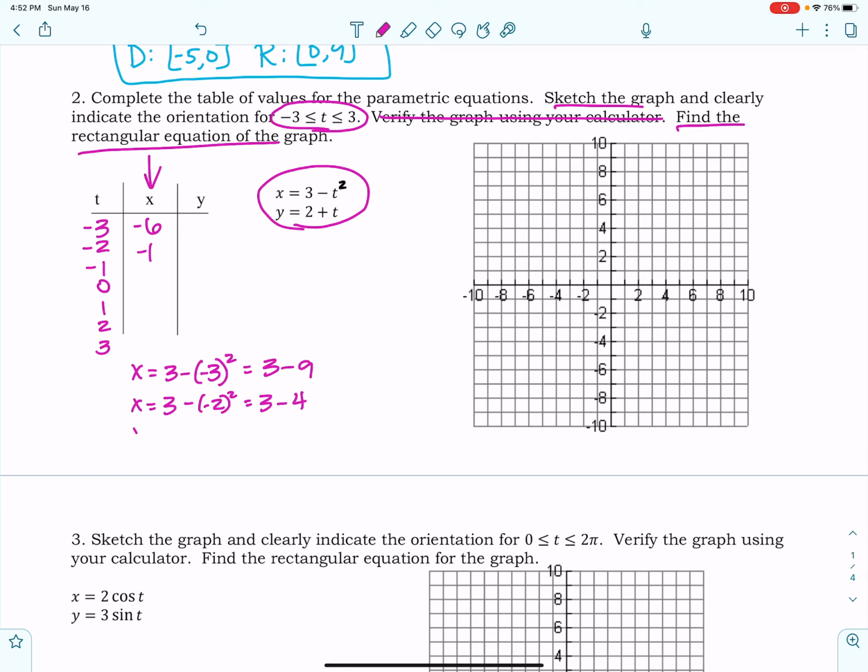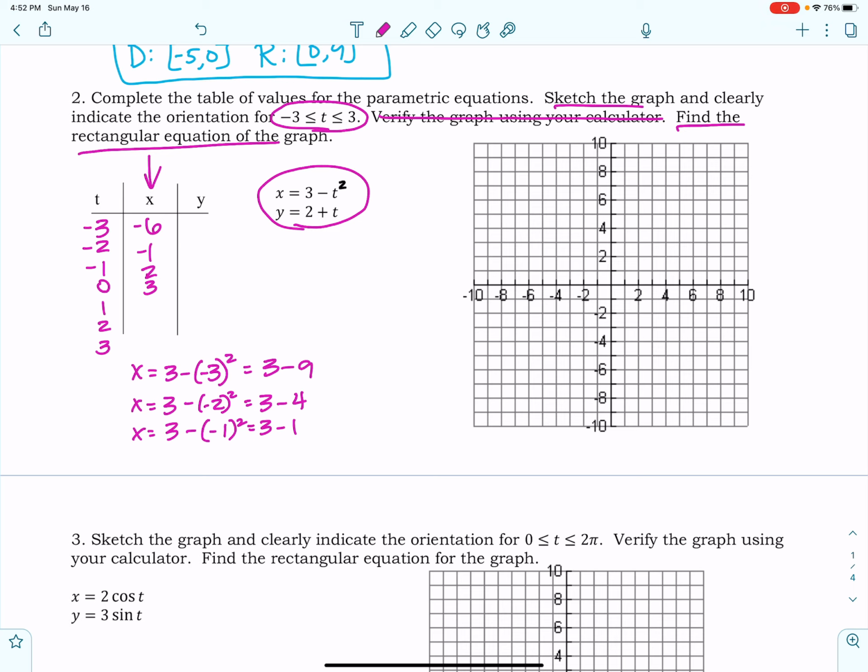Okay, and then at -1, I would have 3 minus a -1 squared, which is 3 minus 1, which would give me 2. And then when I substitute in a 0, I get 3 minus 0, which is just 3.